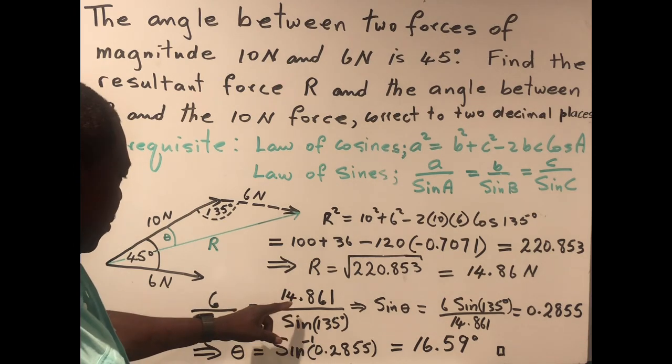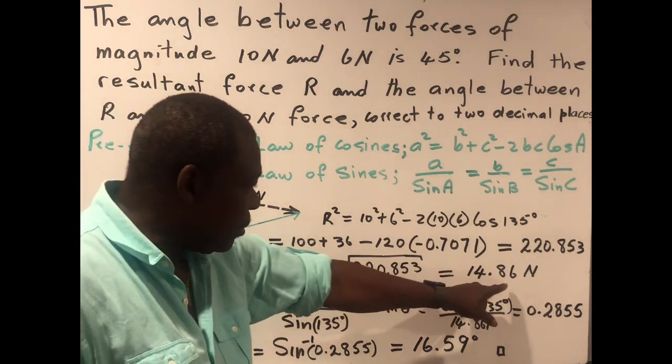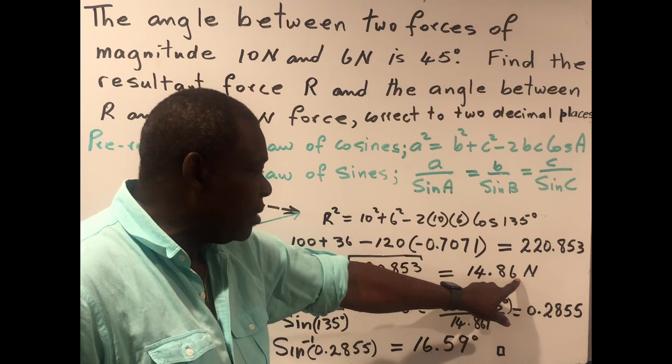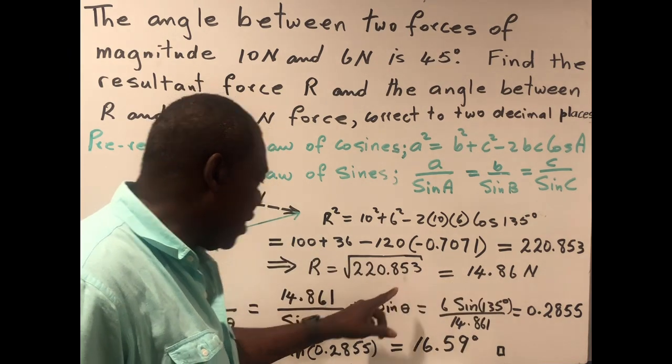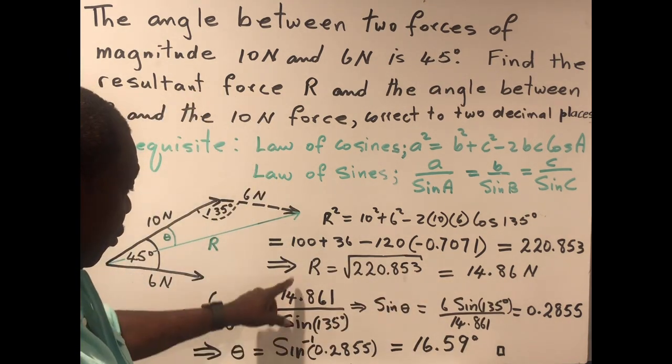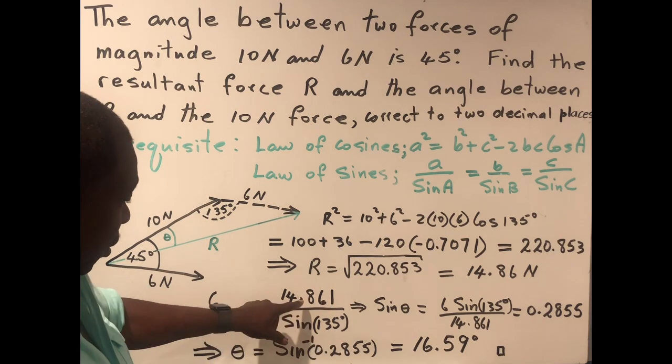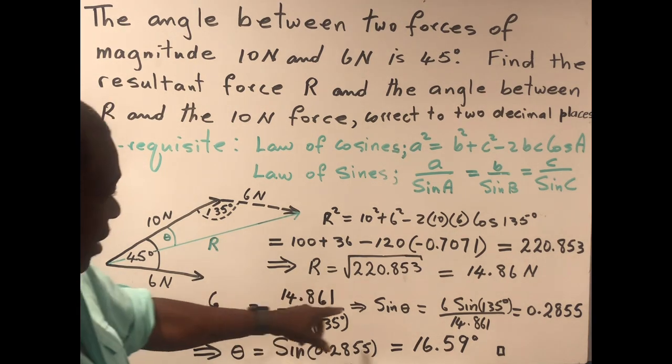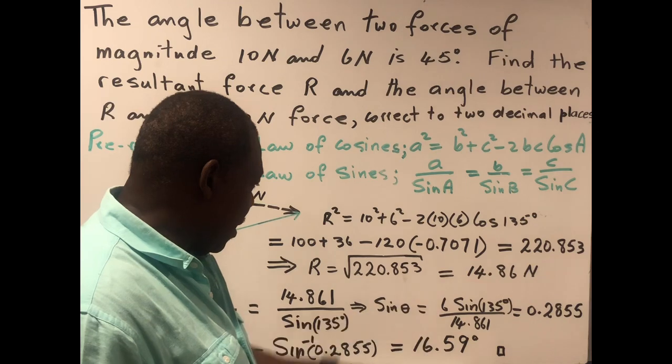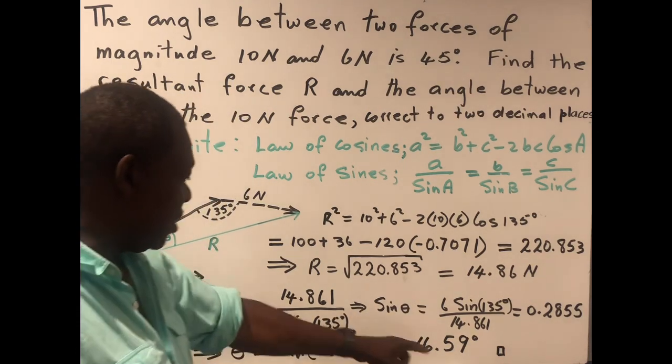Note also that I kept the 3rd decimal place from this answer to work through the problem with 3 decimal places so that I can get a better accuracy for 2 decimal places in my answer.